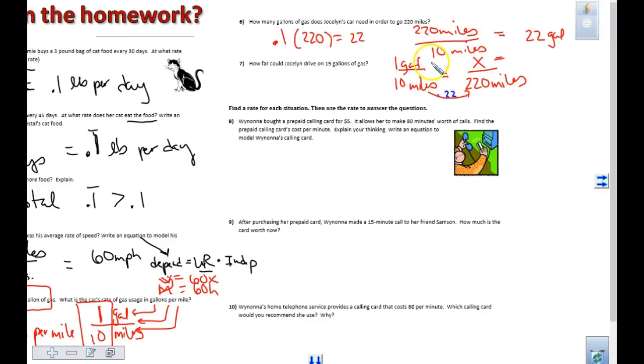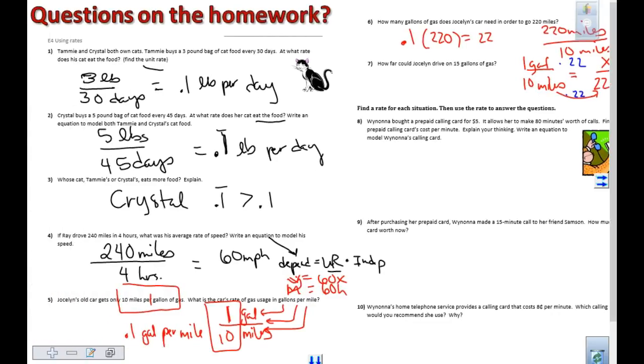That gives me 220, and 1 times 22 would give me 22 gallons. So I've showed you at least 3 ways of solving that. When you get to the quiz, you just got to make sure I see how you solve the problem, okay? If you don't show me how you got it and you just put 22 gallons and it's a 4-point question, I'm giving you 1 of the 4 points. You got the answer, you didn't show me your process.